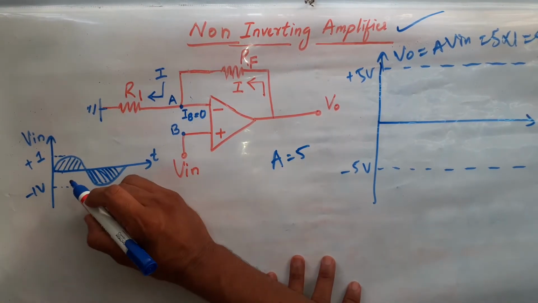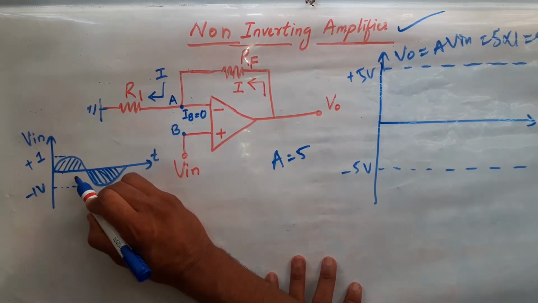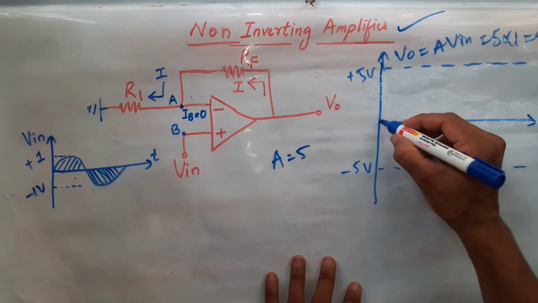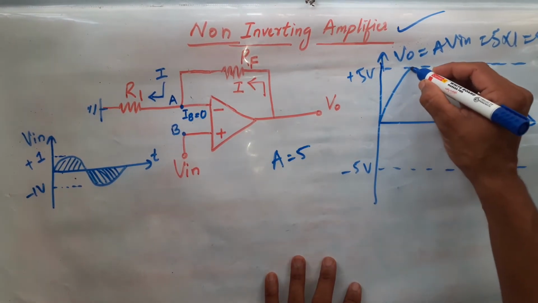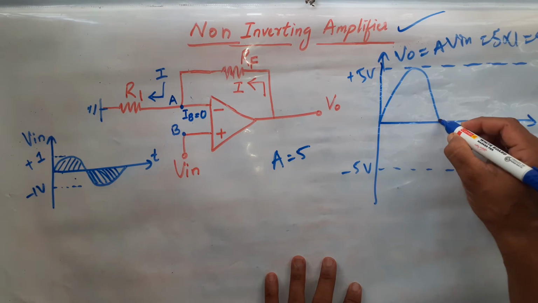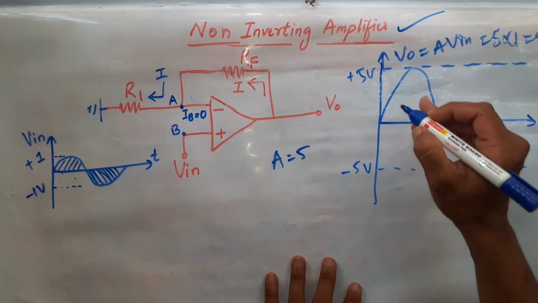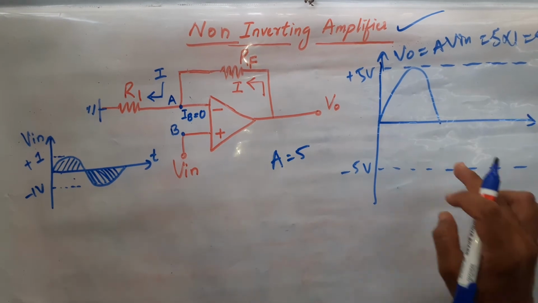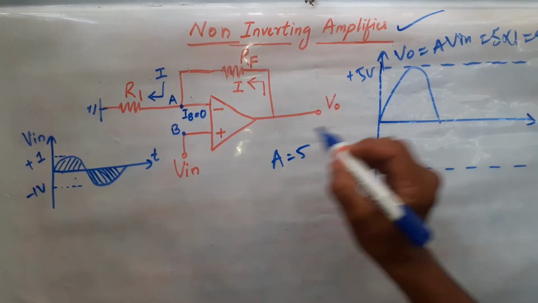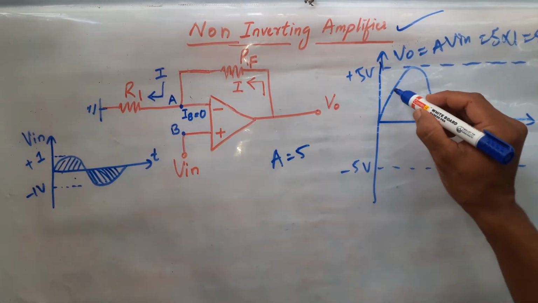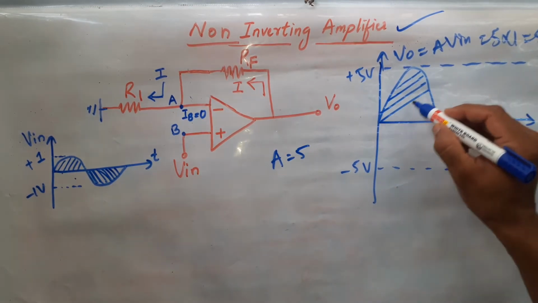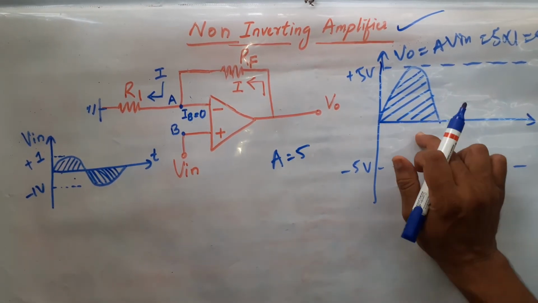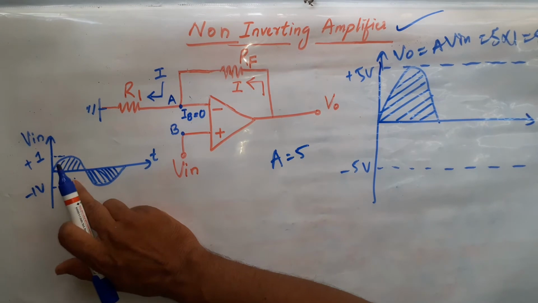So for the positive half cycle of input, you will get a positive half cycle in the output, that is non-inverted but amplified. This is the amplified output. So this portion you will get because of this positive half cycle.